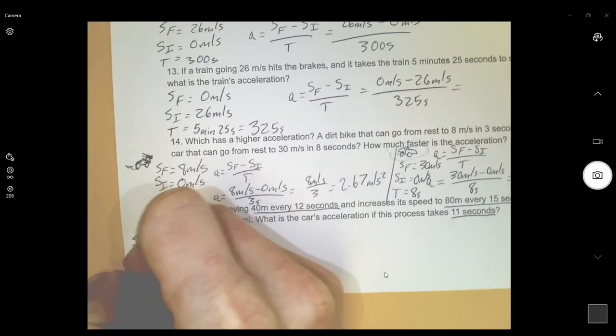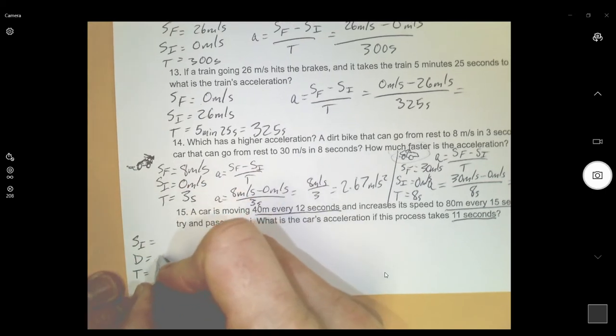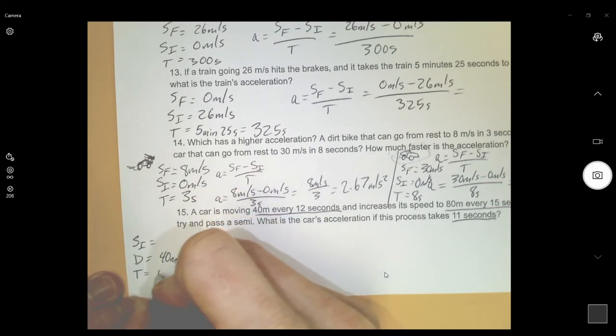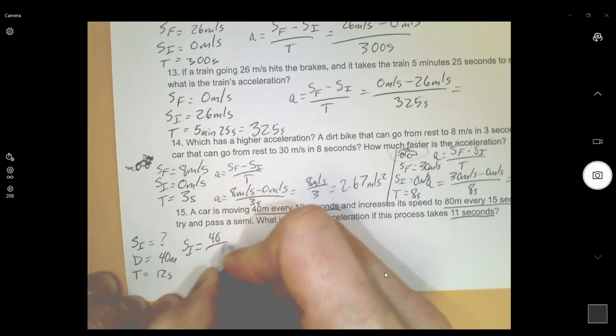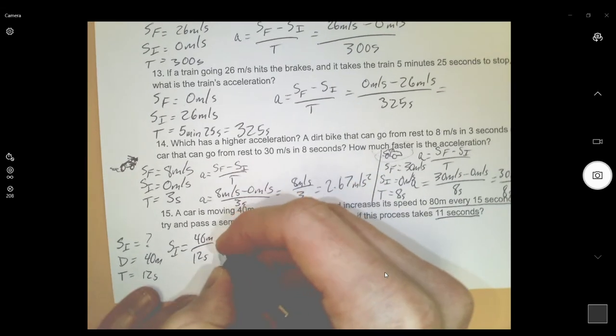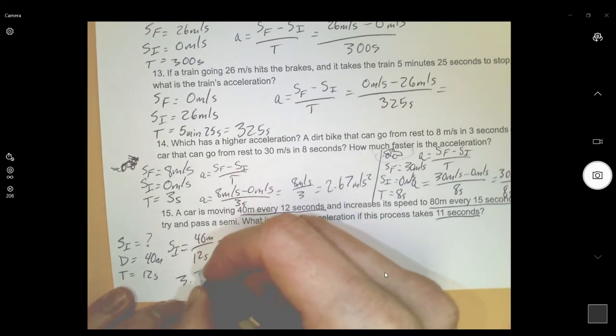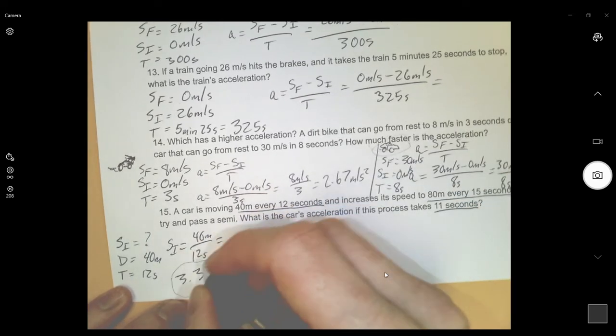So we have initial speed of going 40 meters every 12 seconds. So 40 divided by 12 is 3.33 meters per second. All right, so there's one of our answers.